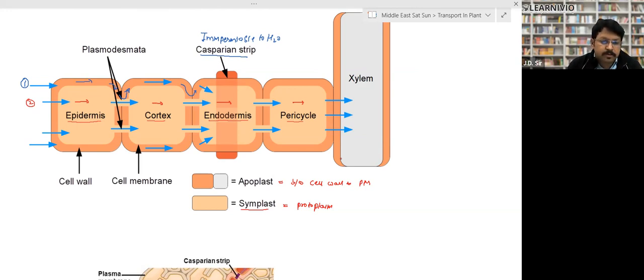Next heading: symplastic pathway. Water passes from cell to cell through their protoplasm.